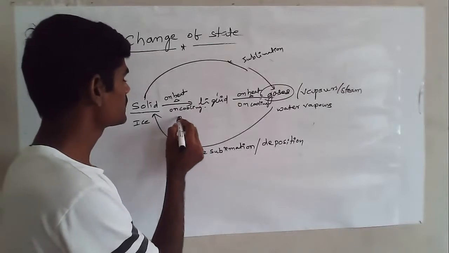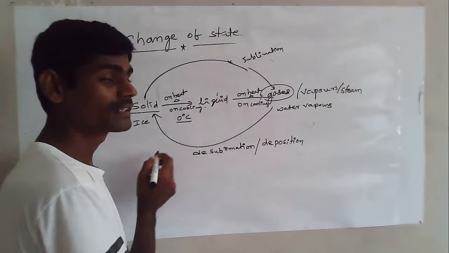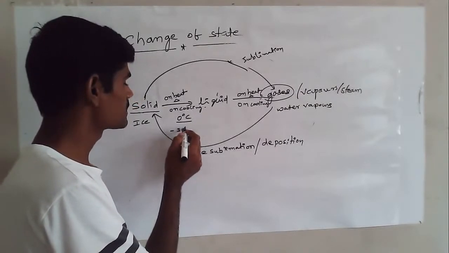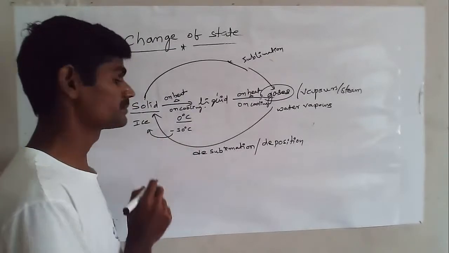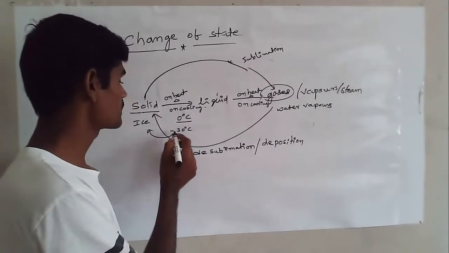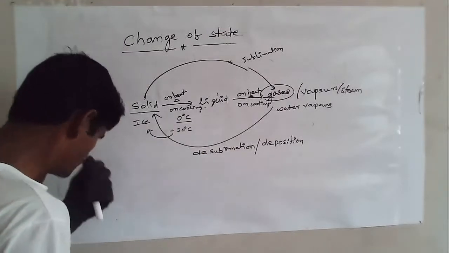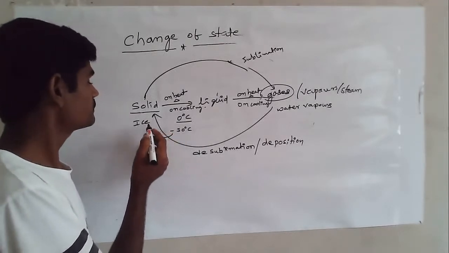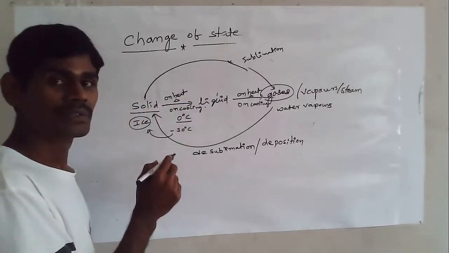At 0 degrees Celsius, ice is present neither in water state nor liquid state. At minus 30 degrees Celsius, water molecules are present in solid state. That is called ice. When temperature rises from minus 30 degrees Celsius to 0 degrees Celsius, the ice tries to convert into liquid state.